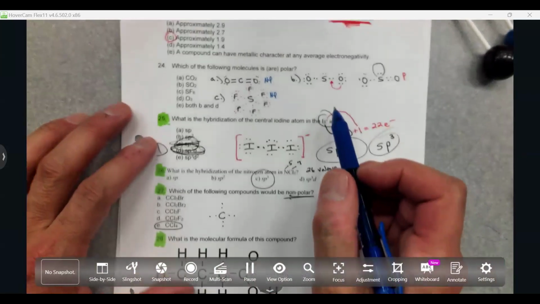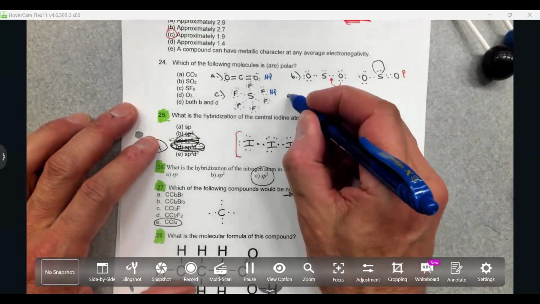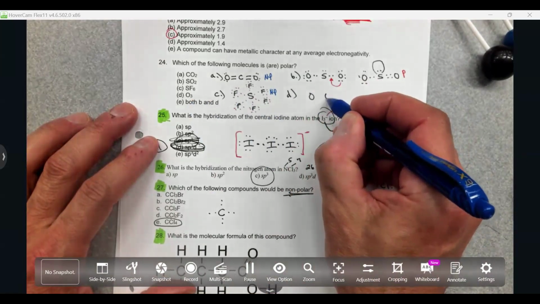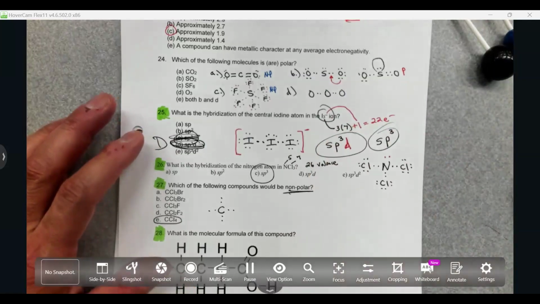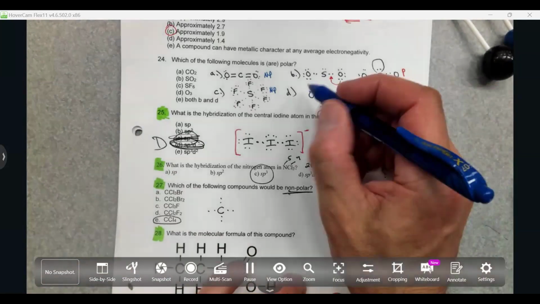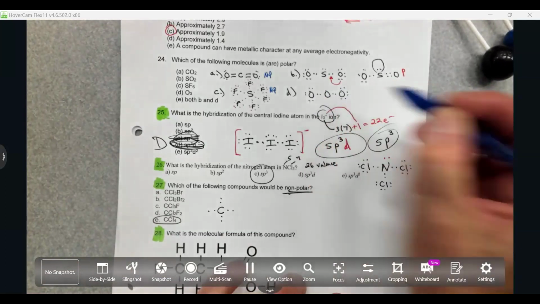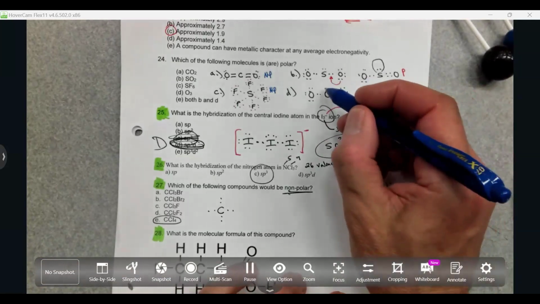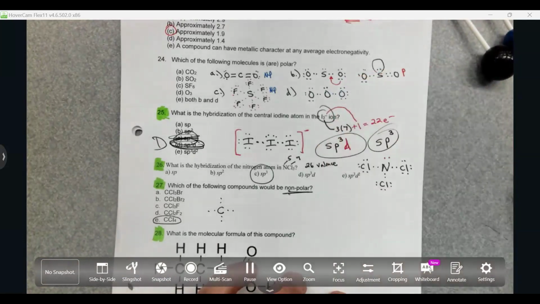And the question is, what about ozone? Now, ozone we've done before. It ends up being bent. But let's do that. So oxygen is going to be 6. We need 18 electrons. So there's 16, 17, 18.